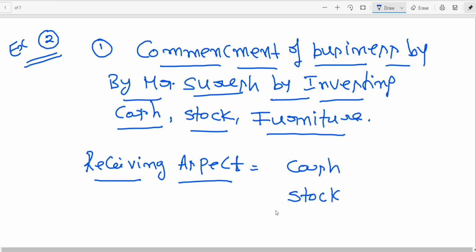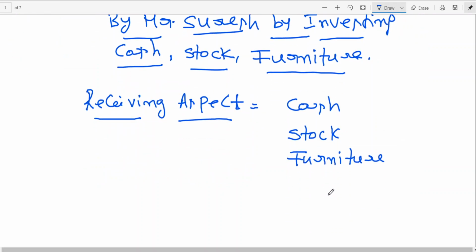Stock means he brought his own items, like I told you, own farm output. And they are receiving furniture. I think previously I've given only one example: started business with cash. Now I've given started business by Mr. Suresh by investing cash, stock, and furniture. So the receiving aspect is cash, stock, and furniture.